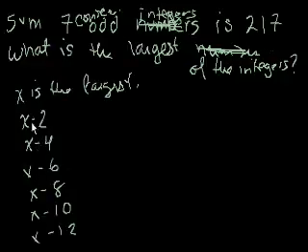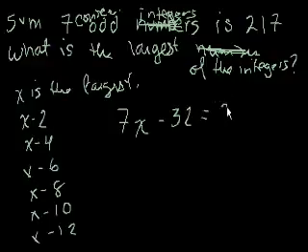And we can assume that they're odd because apparently the problem will work out so that they're odd. So what is the sum of these 7 numbers? Well, the 7 x's just add up to 7x. And then let's see, 2 and 4 is 6, 6 and 6 is 12, 12 and 8 is 20, 20 and 10 is 30, 30 and 12 is 32. So 7x minus 32 is equal to 217.